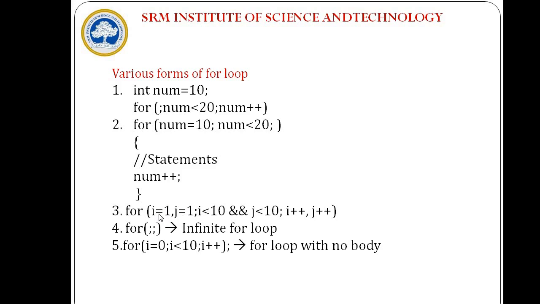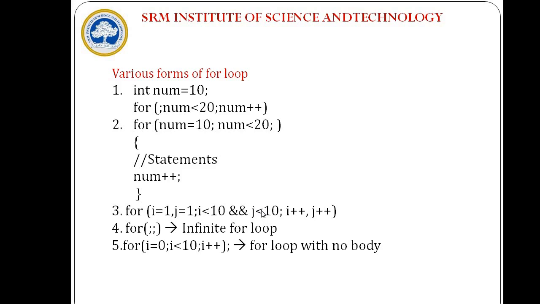For example, consider here we are using two different loop control variables, i and j. During initialization, i is initialized to 1 and j is also initialized to 1, and these two loop control variables are separated by the comma operator. After that you place the semicolon, then you can have the condition.